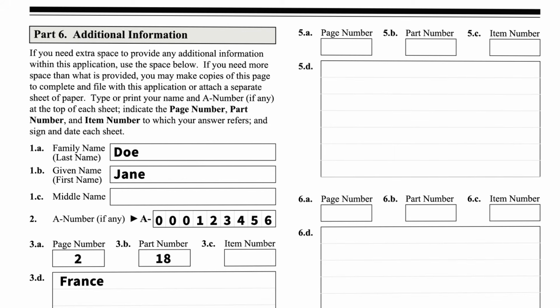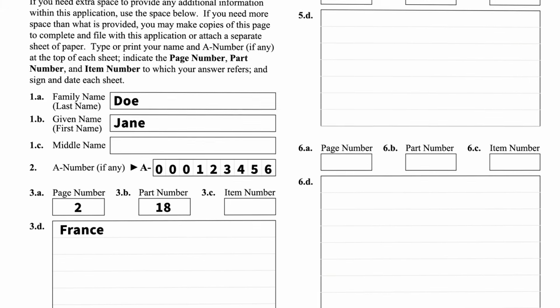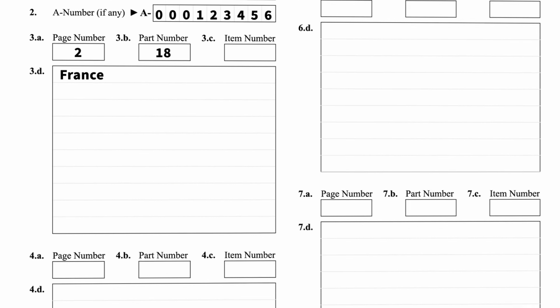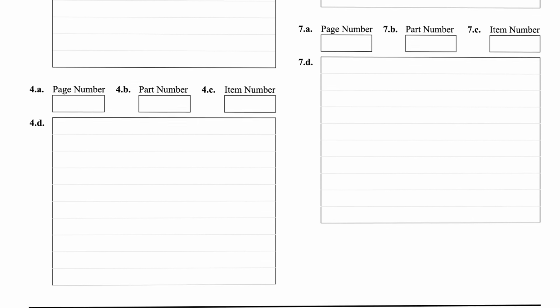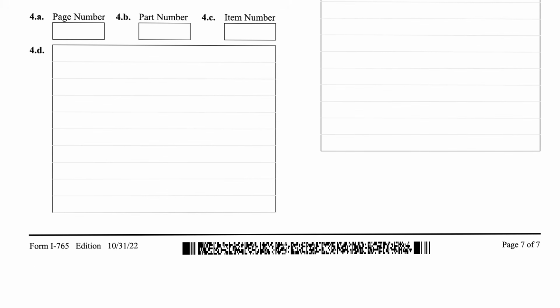Enter your name the same way you did on page 1, along with your A number if you have one. Then, list the section and item number of the question you're responding to, followed by the additional information you'd like to provide.